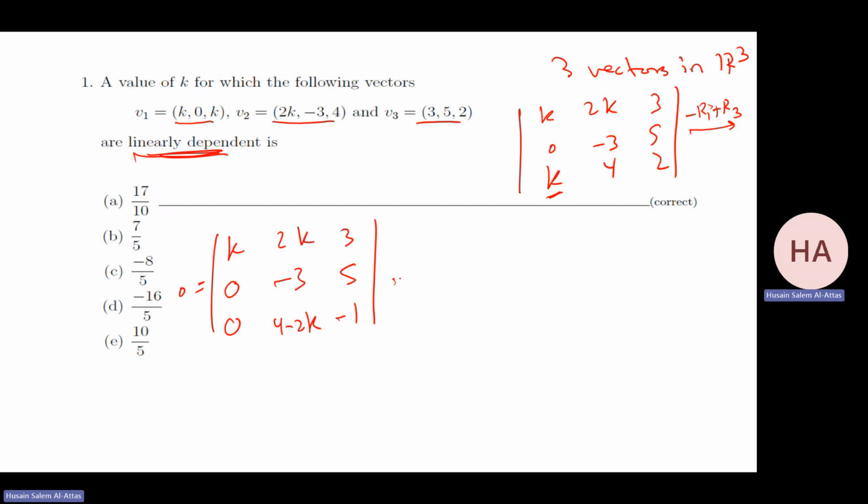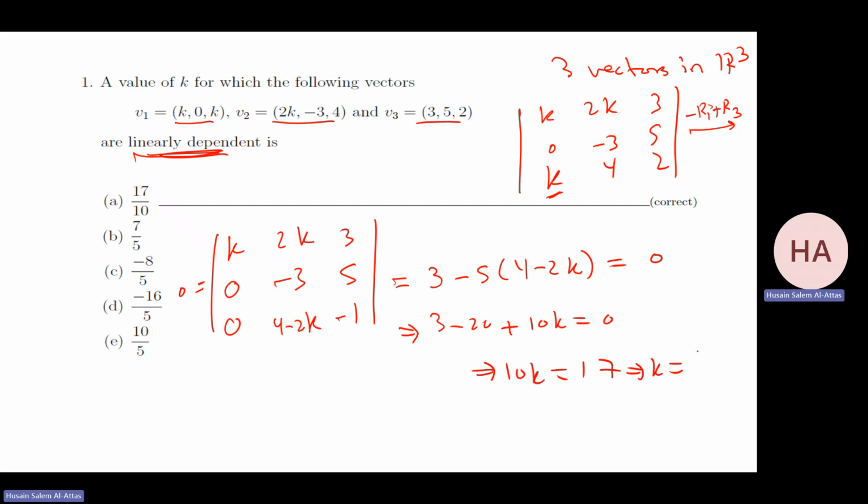So I'm getting 3 minus 5, 4 minus 2K, that should be equal to 0. So I have 3 minus 20 plus 10K equal to 0. So I have 10K equals 17. So K equals 17 over 10, which is this one.